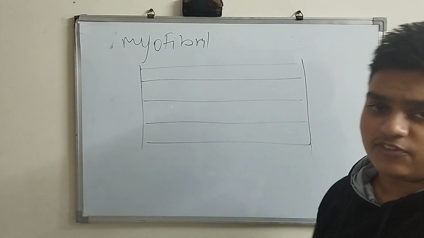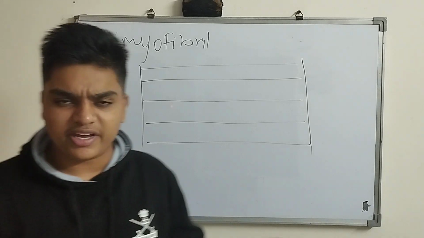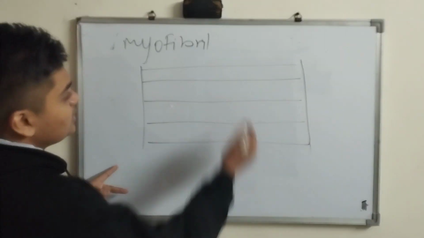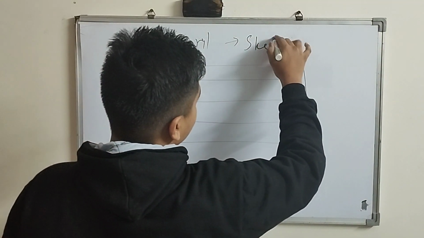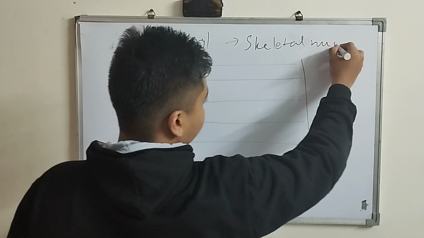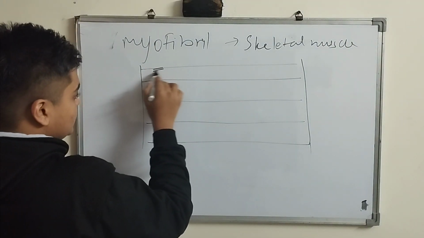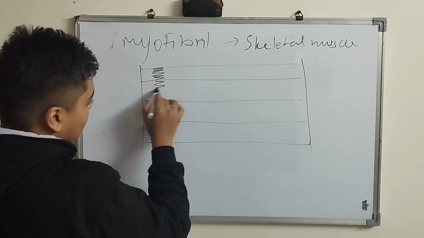This is your muscle fiber, and this muscle fiber contains many striations, if it is a skeletal muscle. I'm talking about skeletal muscle. This contains many striations which are known as dark and light bands.